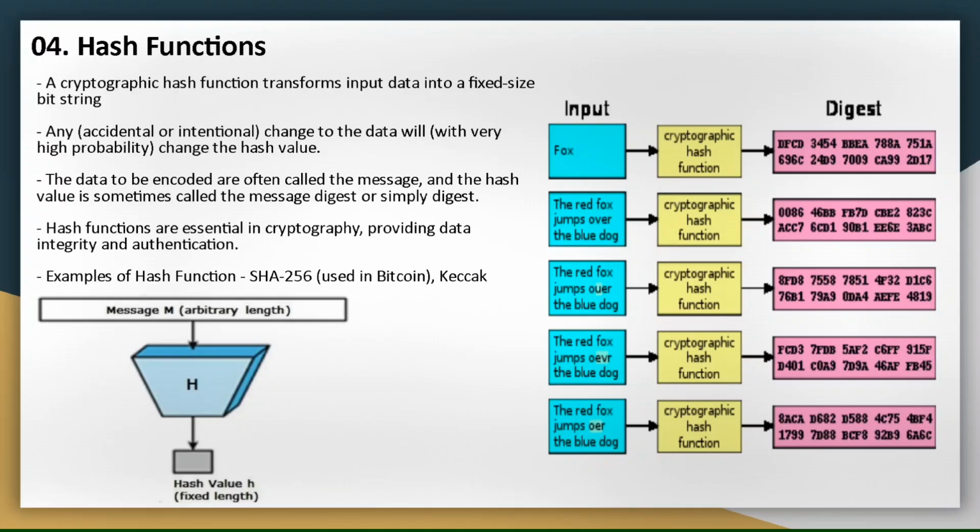Now I have made a very minor change here: as you can see, there is u instead of v. The rest of the input is the same. If I provide this input to the same cryptographic hash function, the resultant digest will be completely different.